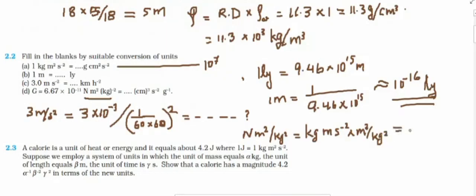So when you simplify, you will get meter cube per second square per kilogram.